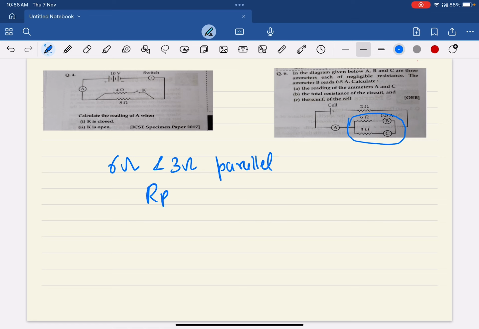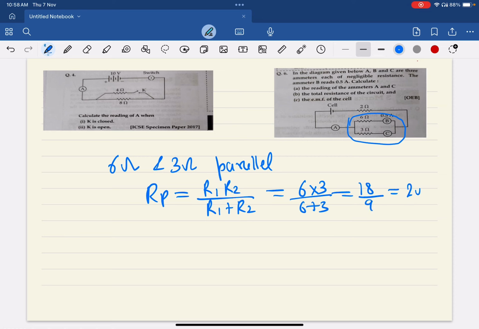The effective resistance for both of them should be equal to R1 R2 by R1 plus R2. Let's do that. 6 times 3 by 6 plus 3, which will give us 18 by 9, and that is 2 ohms. Now let us redraw the circuit.